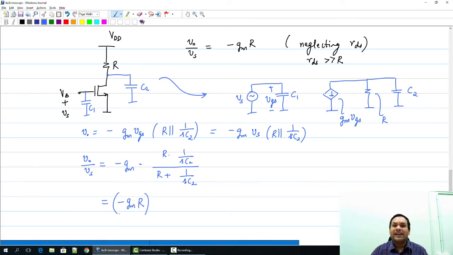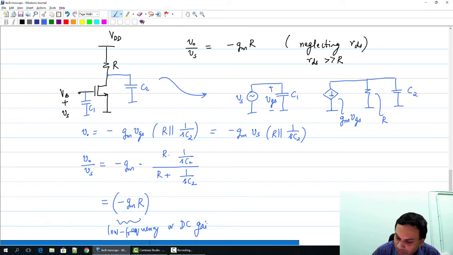The first portion is the small signal gain of the circuit in the absence of capacitances. In other words, it is the low frequency or DC gain of the circuit. So it's often called DC gain, even though it is not at DC.